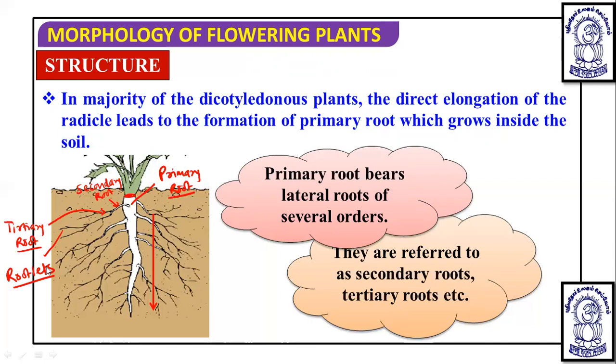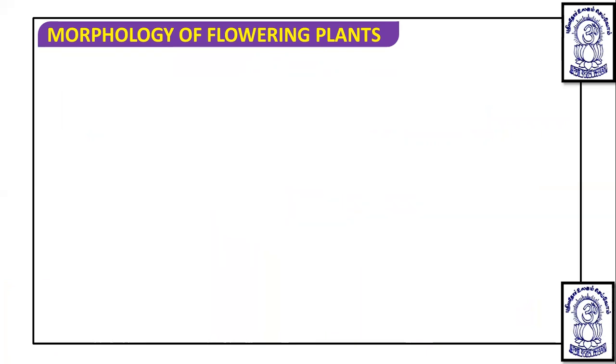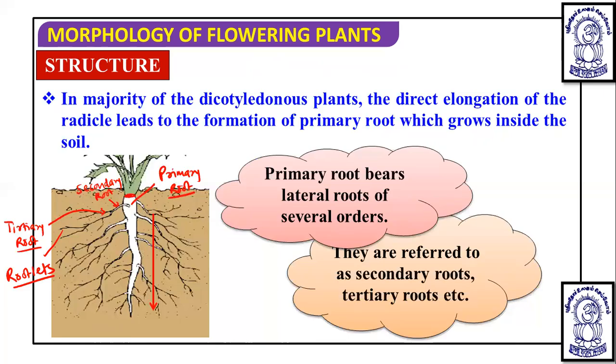Now after studying this, we are going to talk about the regions of root. To understand the regions of root, dear students, we have studied this much part in detail.